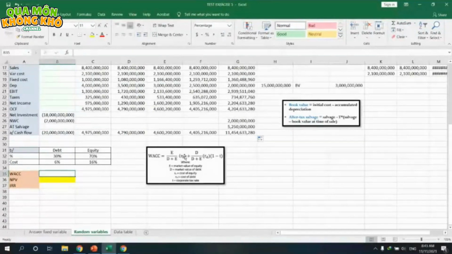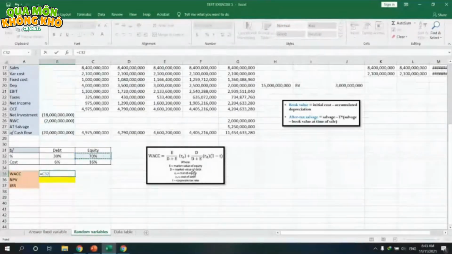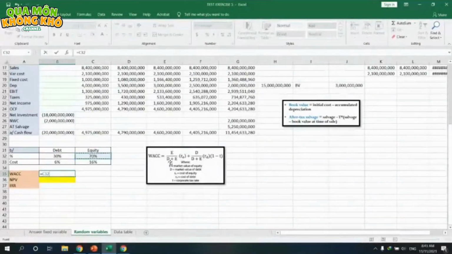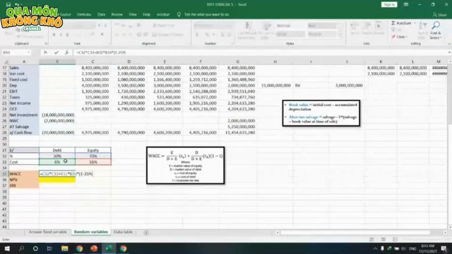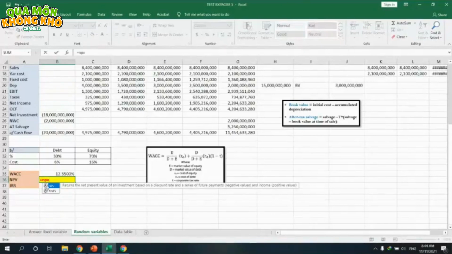You take the percentage of the equity divided by the total percentage of equity and debt, which is 1, so I will skip it. Multiply the cost of equity plus debt, and multiply with 1 minus tax. We have 12.55%.